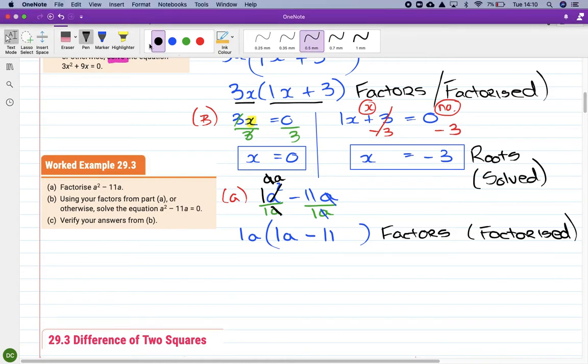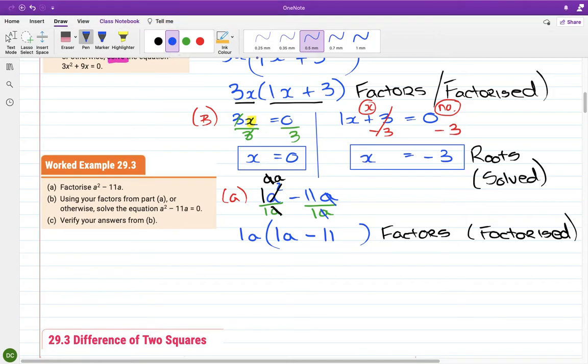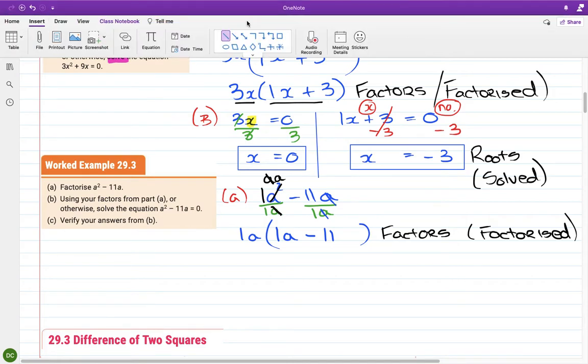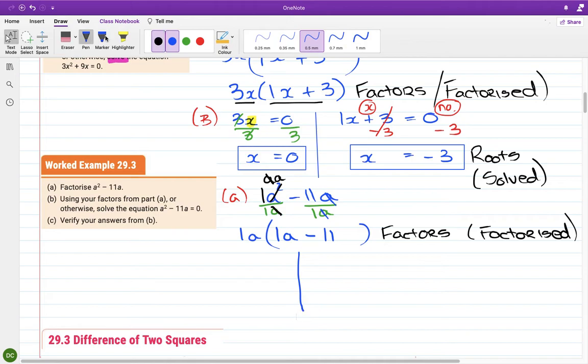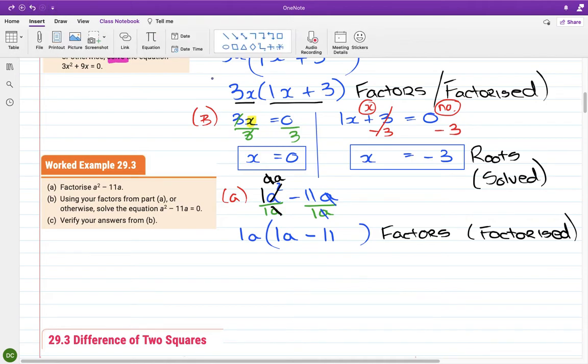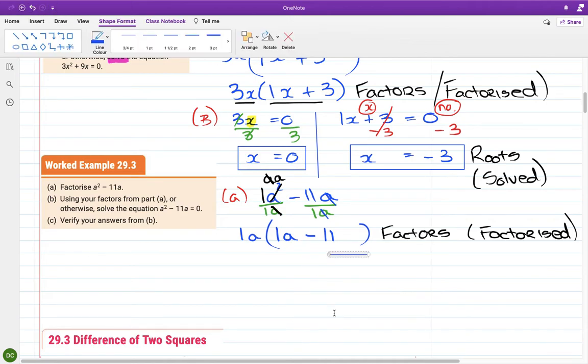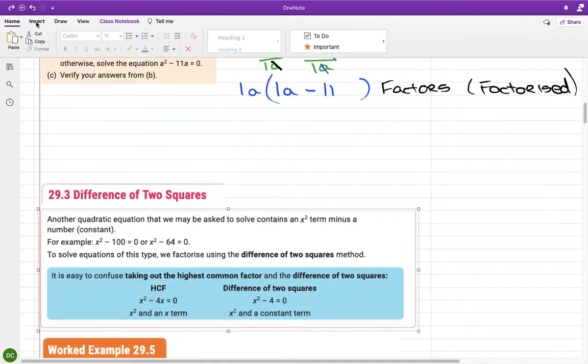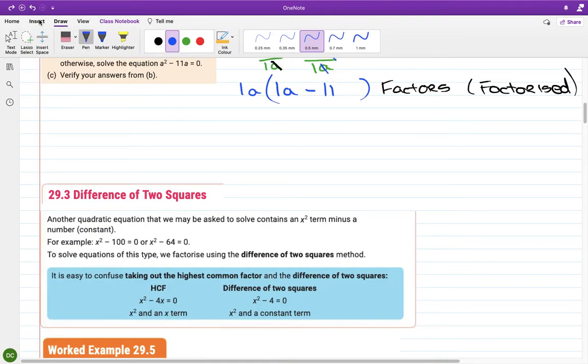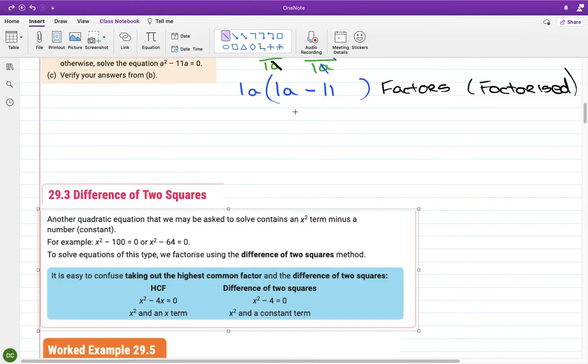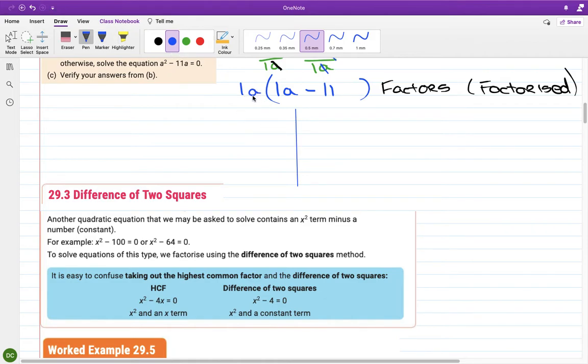So we will split the page. The first factor goes on the left, 1a, and you let it equal 0. And the second factor goes on the right, 1a minus 11, and you let it equal 0.